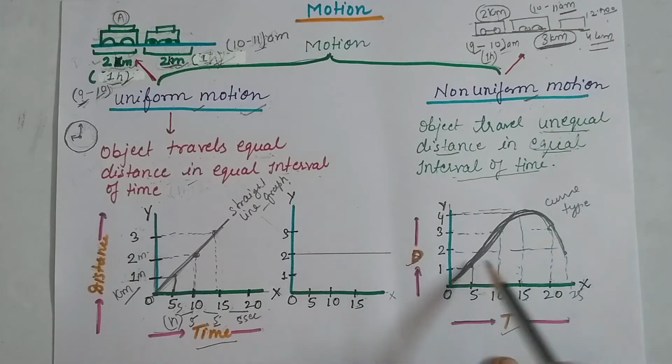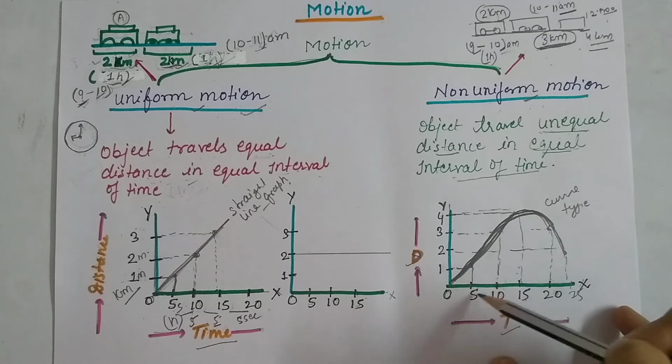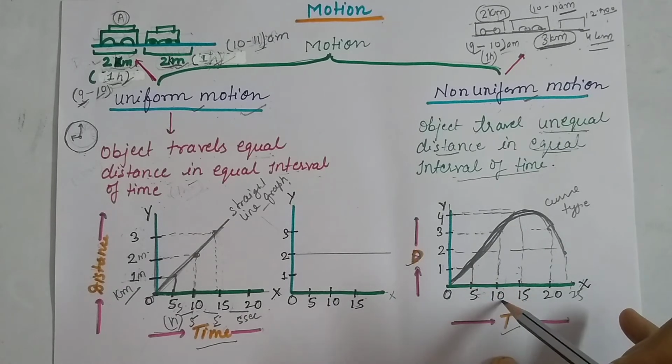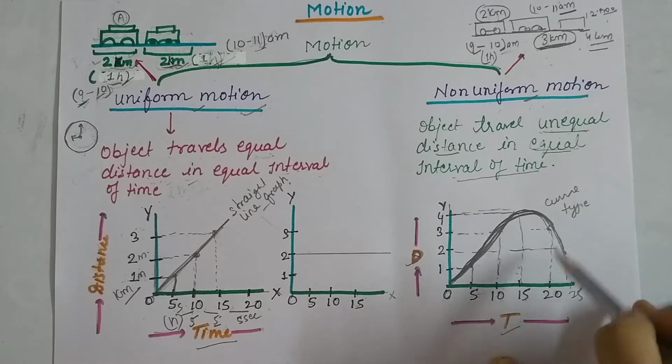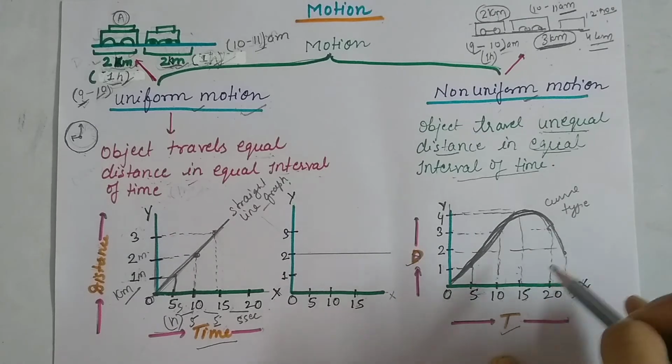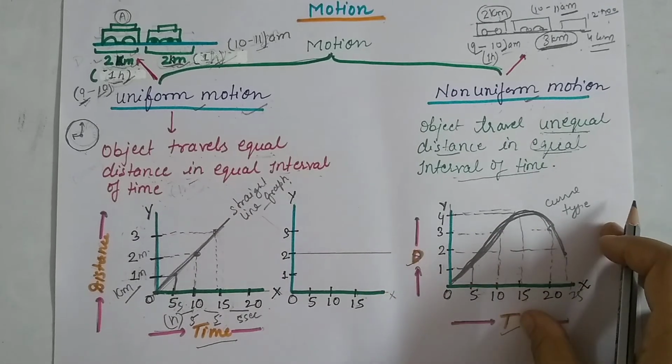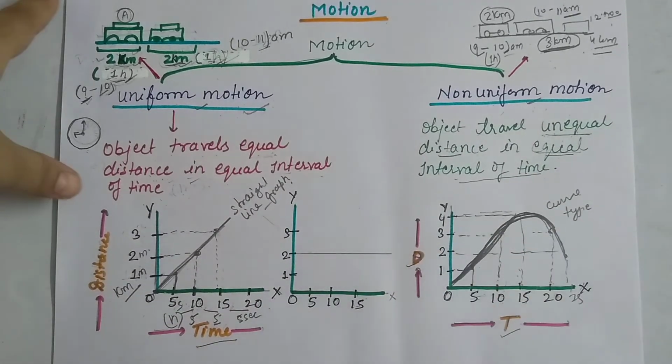Here at 5 seconds it shows 1 meter, after 5 seconds at 10 it shows 3, and at 20 it shows again 3. So it is covering unequal distance. That shows the non-uniform motion.